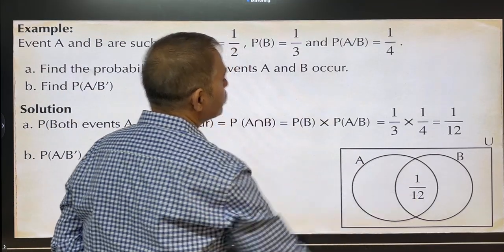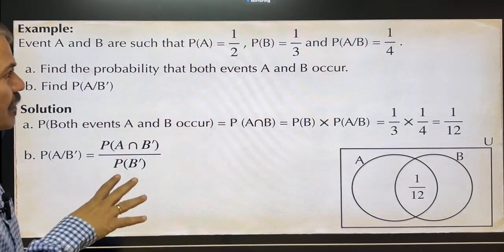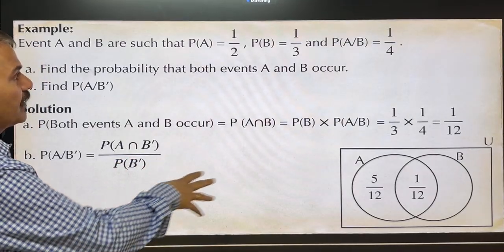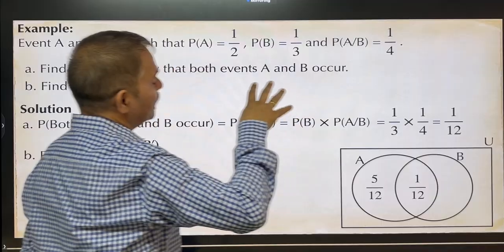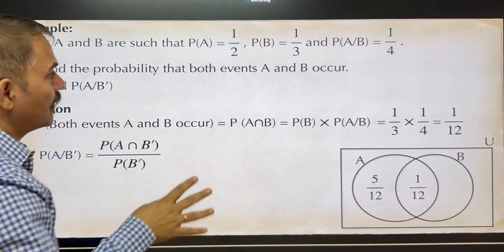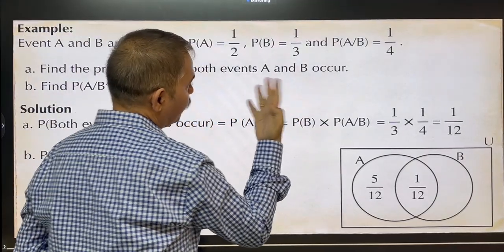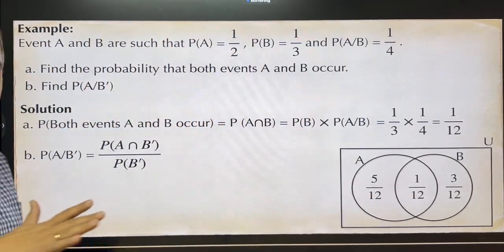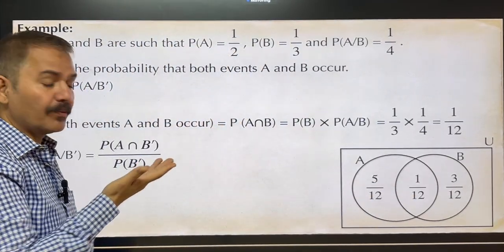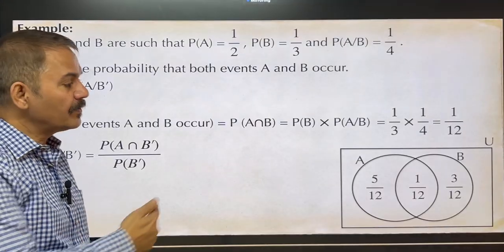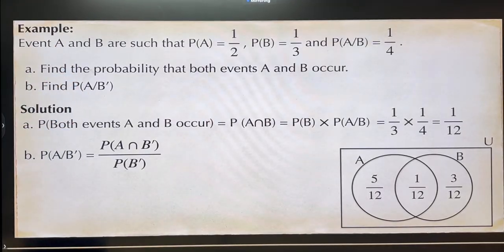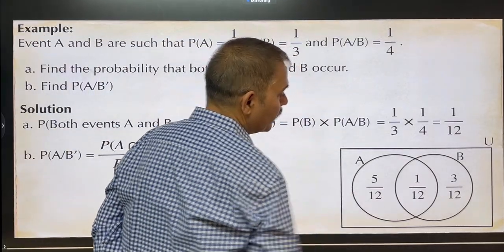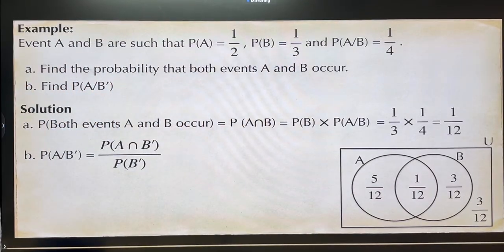This intersection is already 1 upon 12. 1 upon 2 means 6 by 12, so minus 1 by 12 is 5 by 12. B is 1 upon 3, that is 2 by 6, and 4 by 12. Minus 1, so 3 by 12. You may keep the same denominator of 12. No need to simplify, because later when you simplify, this form will be better. So 5, 6, 7, 8, 9 over 12, so outside will be 3 over 12.